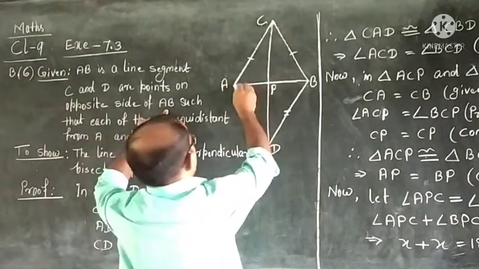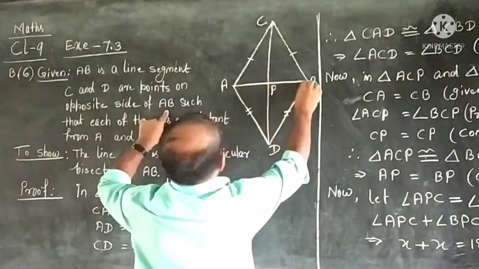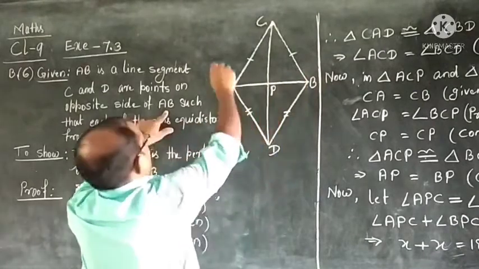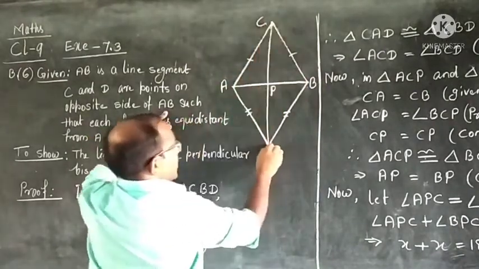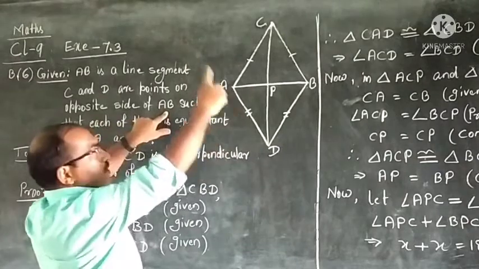Look at the figure, AB is a line segment and C and D are 2 points on the opposite sides of AB.